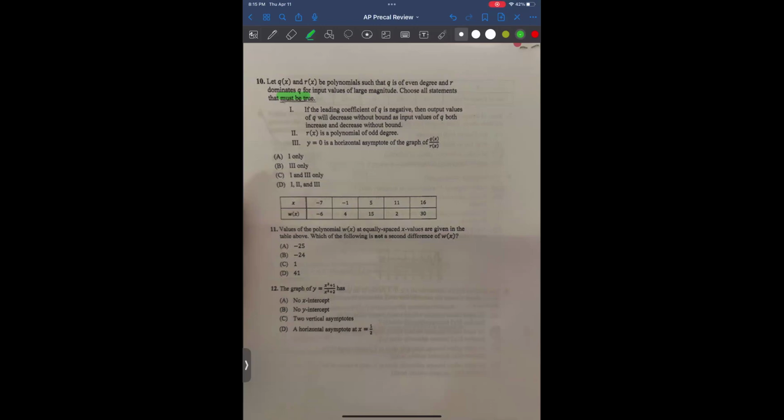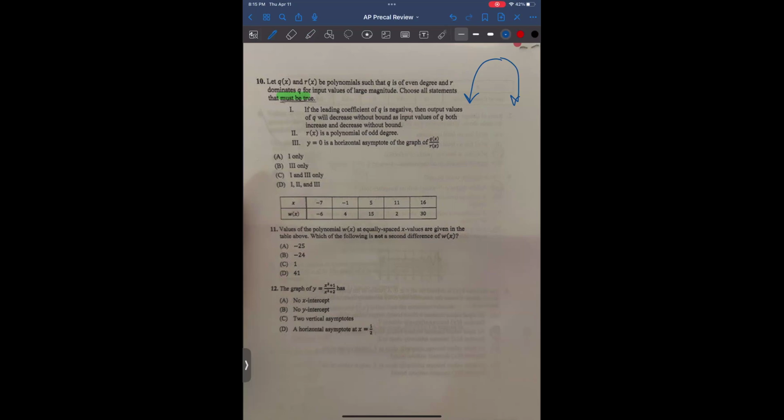So we have: if the leading coefficient of Q is negative, then output values of Q will decrease without bound as input values of Q both increase and decrease without bound. So what that's saying is my output values will decrease regardless of whether my x's are increasing or decreasing, right? That's kind of a characteristic of an even degree function.